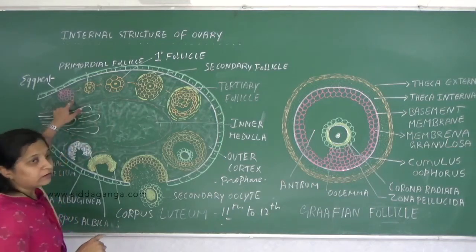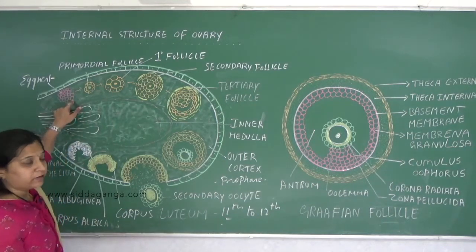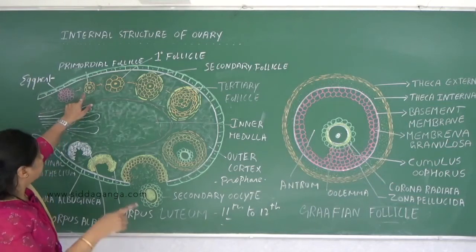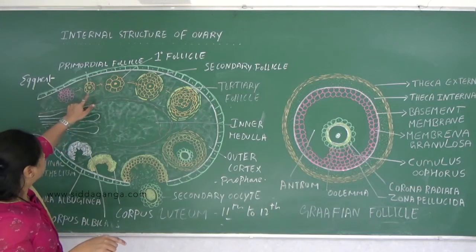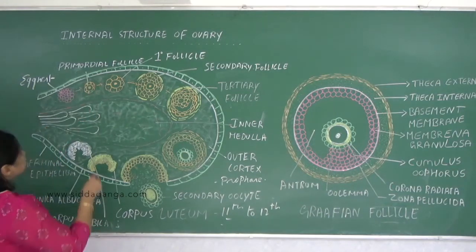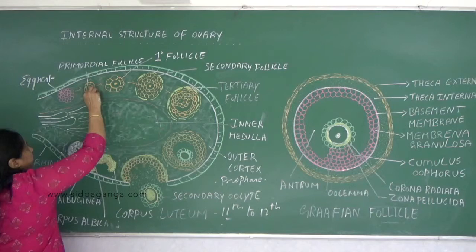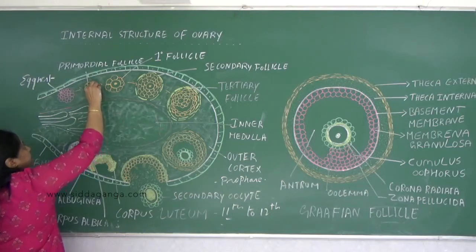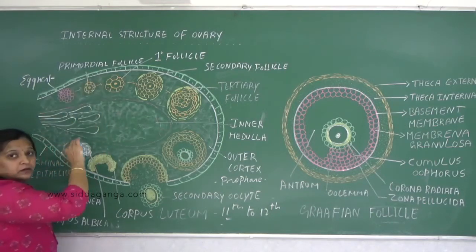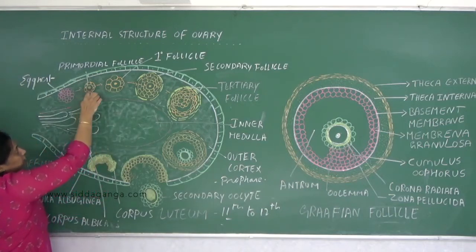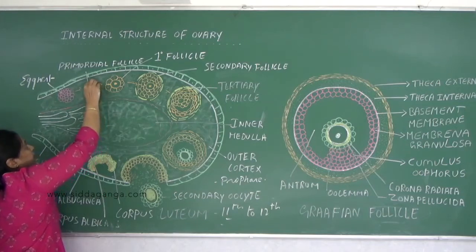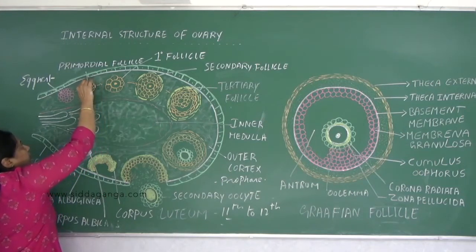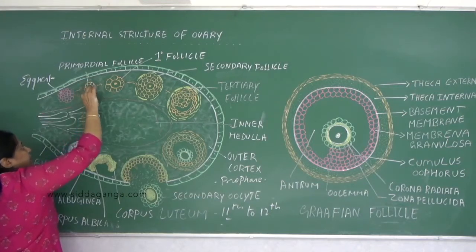See, when the oogonia start meiotic cell division and get temporarily arrested, at this stage that cell is called the primary oocyte, and initially this primary oocyte gets surrounded by flattened epithelial cells.